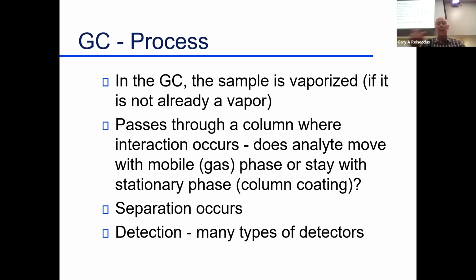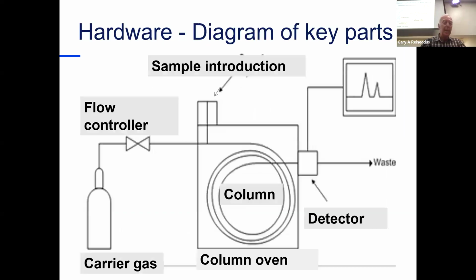Then as that gas moves through the column, your analytes move with it. They have varying affinities for the coating as they go by. This is in a tube that's got a coating. The gas phase goes through with your analytes, and the analytes will have some affinity for the coating, some affinity to move with the gas. Basically, you accomplish the separation in that manner.